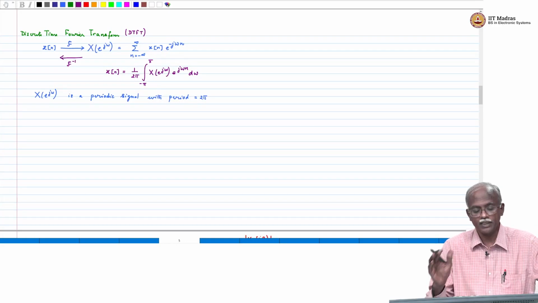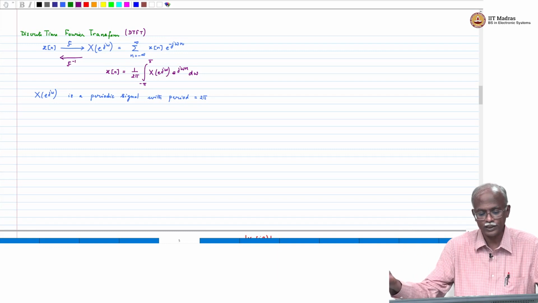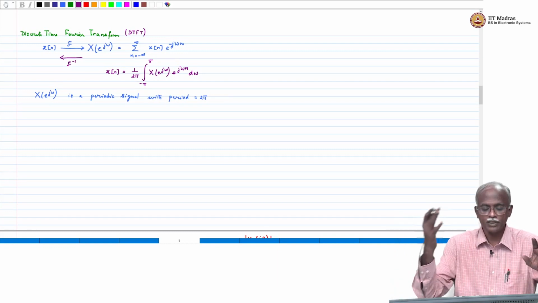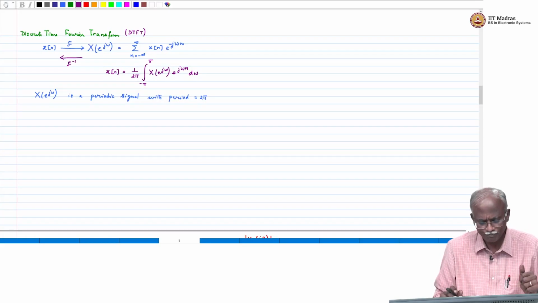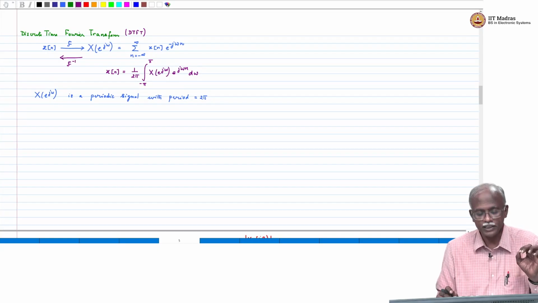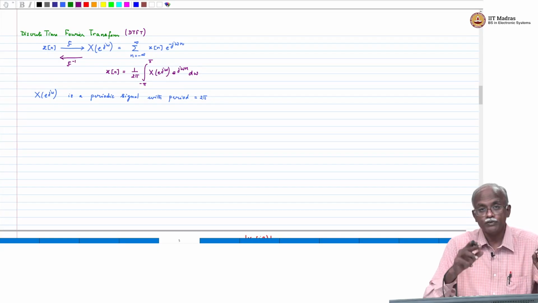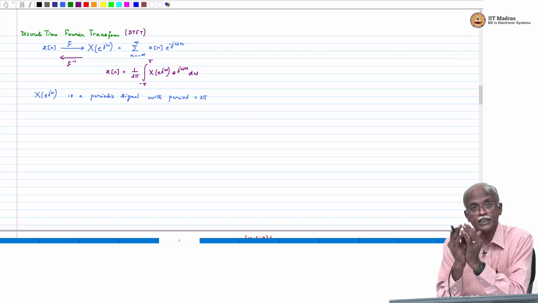Any discrete time signal can be represented by means of its discrete time Fourier transform, and we can go back from the discrete time Fourier transform back to the discrete time domain. One important observation that we make even at this stage, if you look at X(e^{jω}), now the discrete time Fourier transform is a function of ω.